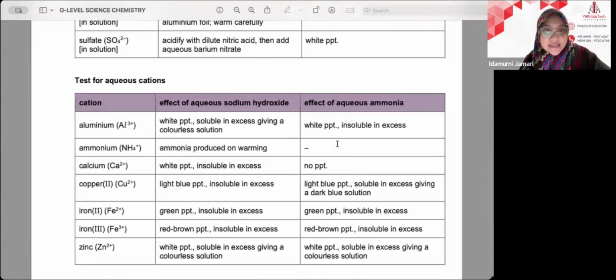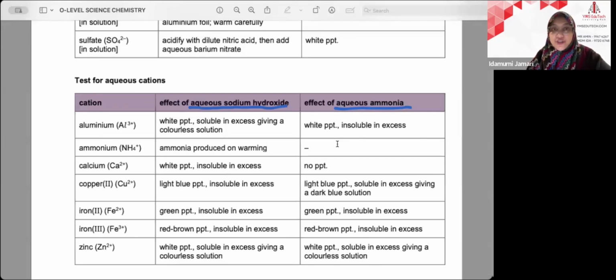For cation test, we only use two reagents, either aqueous sodium hydroxide or aqueous ammonia. And the cations that you may be tested on tomorrow are aluminium ion, ammonium ion, calcium ion, copper 2 ion, iron 2 ion, iron 3 ion, and zinc ion.